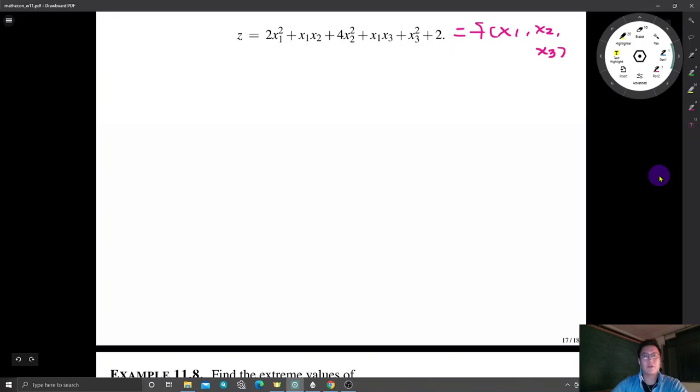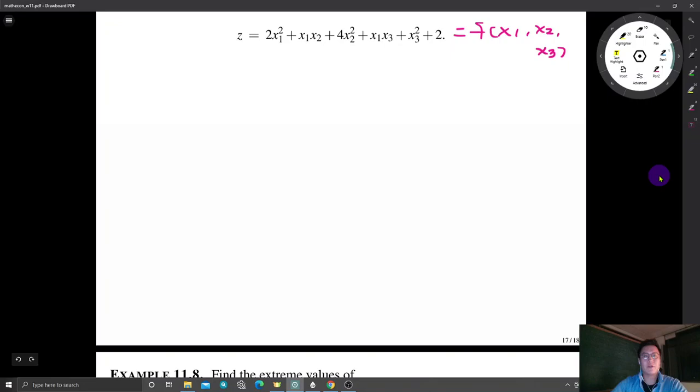Now f sub 2, the partial derivative with respect to x2, regarding x2 as the only variable and x1 and x3 as constants. x1 times x2 becomes x1, and the third one becomes 8 times x2, and x1 times x3, x2 is the variable, but this is a constant. Constant, constant.